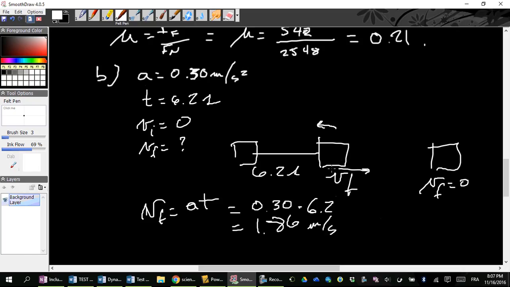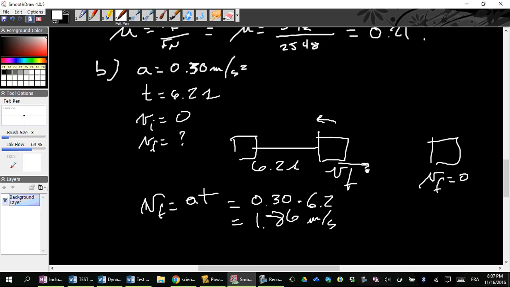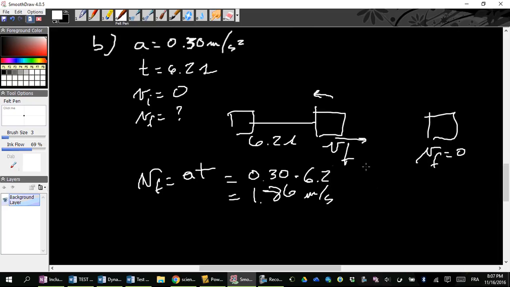Okay, and I need now to find, they're asking for how long. Okay, so it's t. So now I'm looking for t. Okay, so this here, I know vi, because now it's this velocity.